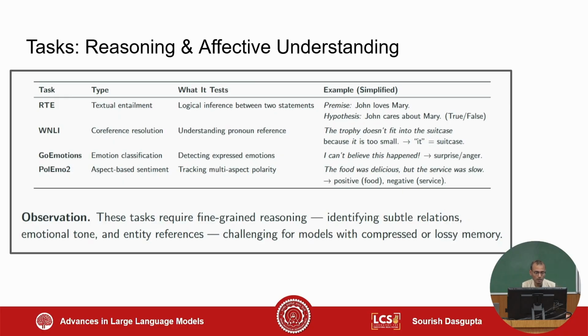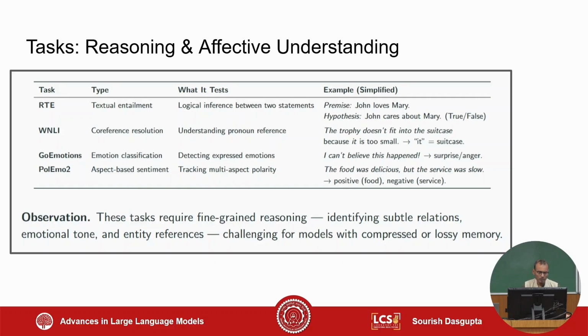The first task was an entailment task, RTE, which is basically trying to figure out whether the model can do certain logical inference between two statements, where one statement would be the premise, as an example, John loves Mary, and the other statement would be a hypothesis, let's say, John cares about Mary, and it needs to say whether it is true or false, which means whether the second statement, the hypothesis, can be formed out of the premise, right? So that was one kind of test.